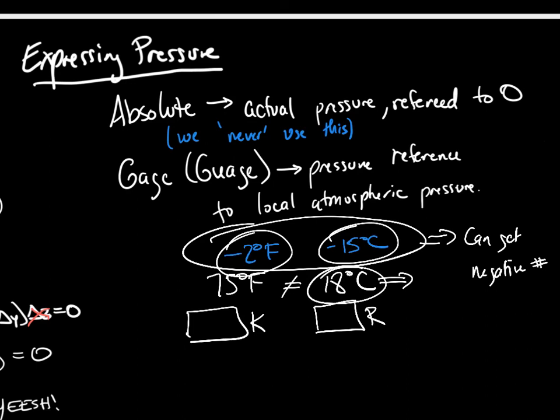If you use Celsius, the 0 point is the freezing temperature of water. If you use Fahrenheit, the freezing temperature is some random point, I don't know where they came up with that. But if you use Rankine or Kelvin, these are the absolute temperatures, and they cannot be negative.